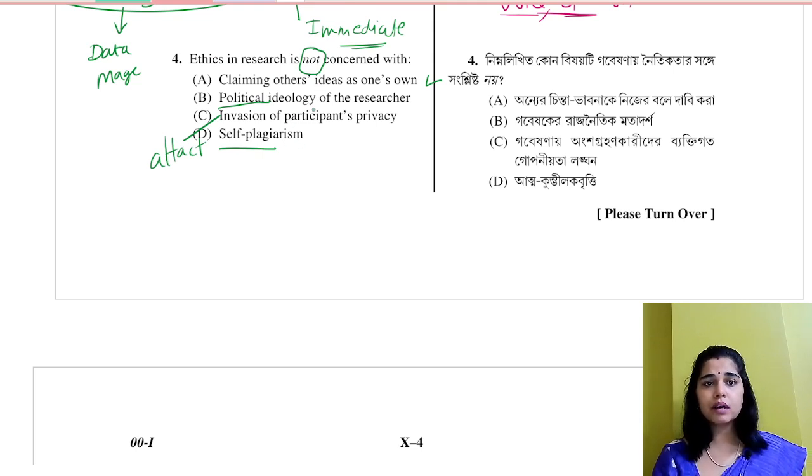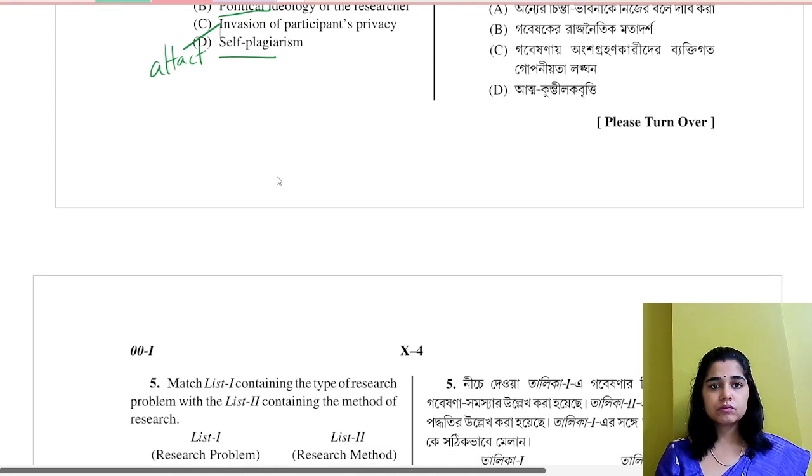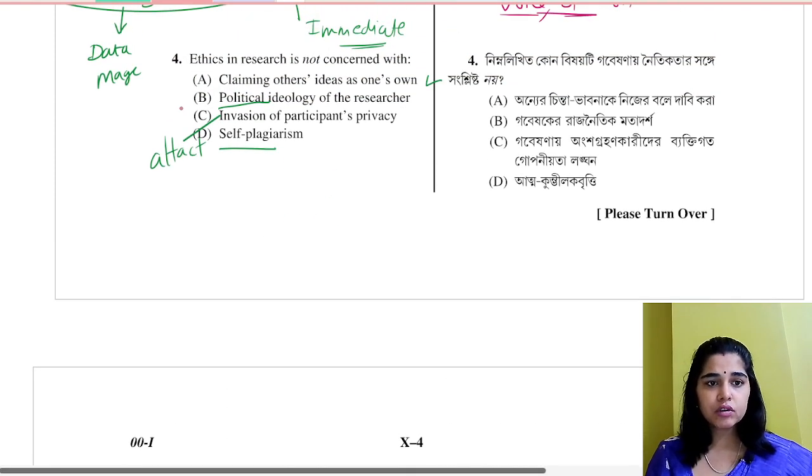So what will not come here? Political ideology of the researcher will not come here.